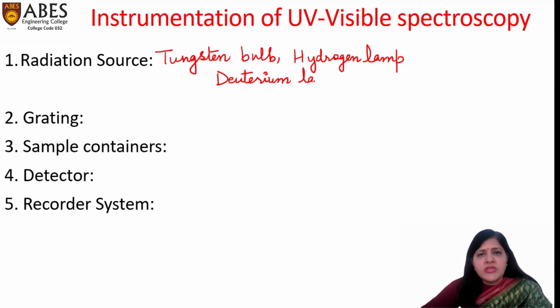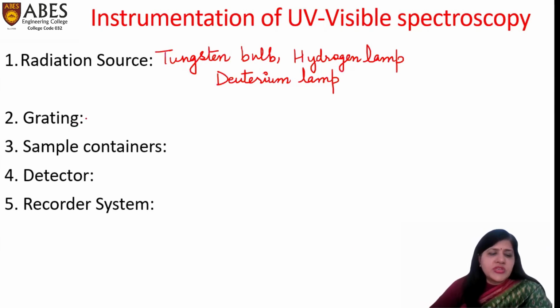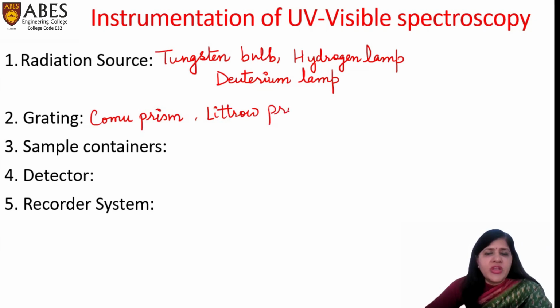These are the common radiation sources for UV visible spectroscopy. For the monochromators, gratings or prisms such as the Cornu prism are used. These are the monochromators used for the monochromatic light. Or a Littrow prism is used to generate the monochromatic source of light.